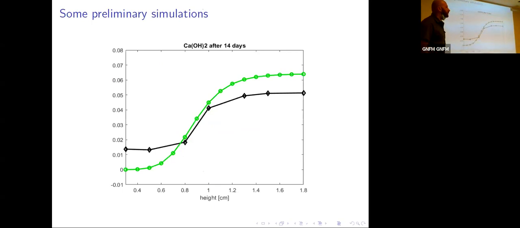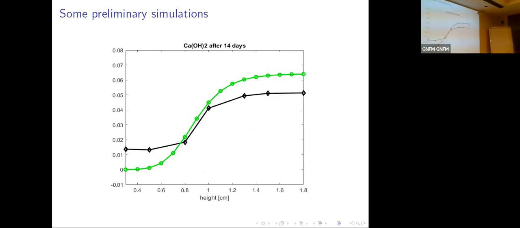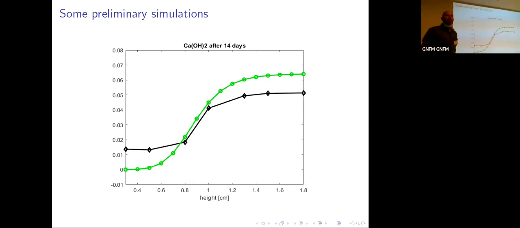Yeah, we have to work on it. We have to adjust some details. In principle, we should do a calibration. Here we just did some tuning of the parameters just to see what happens and what the general behavior is.